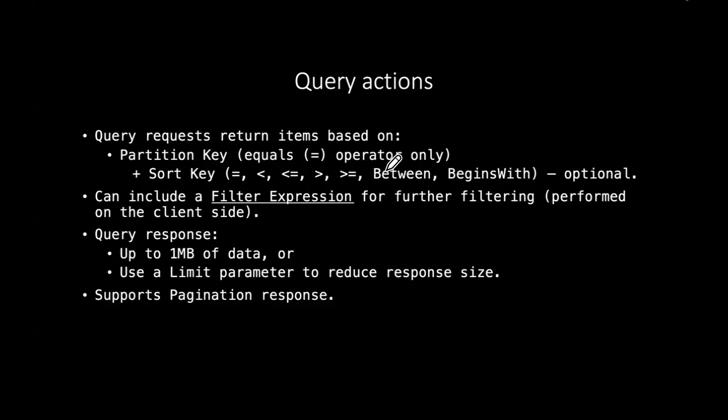If the sort key is a string, then the only operator that you have available to you is begins with. So you could say something like, I'm looking for items from my table where the partition key is exactly equal to 1, 2, 3, 4, and the sort key begins with ABC, or something like that.